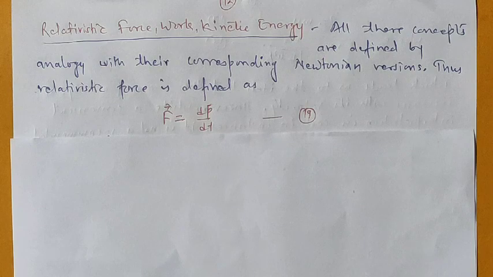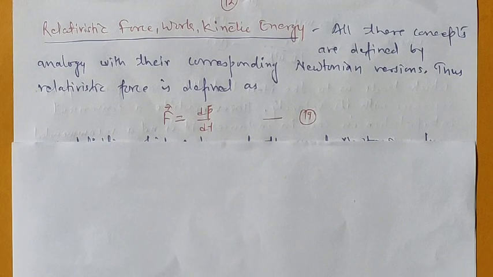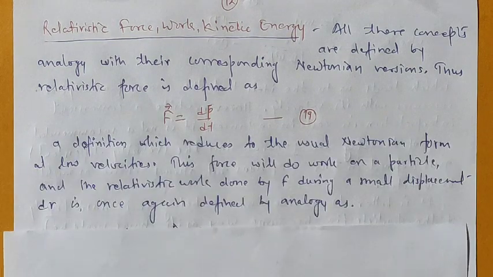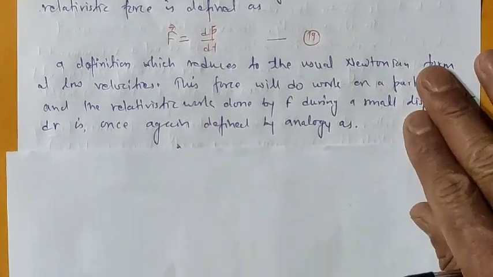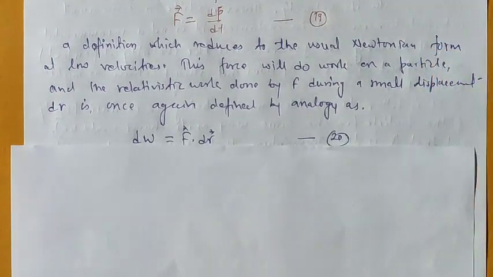All these concepts are defined by analogy with the corresponding Newtonian versions. Thus the relativistic force is defined as F, the rate of change of momentum: F is defined by dp by dt. This is a definition which reduces to the usual Newtonian force at low velocities.